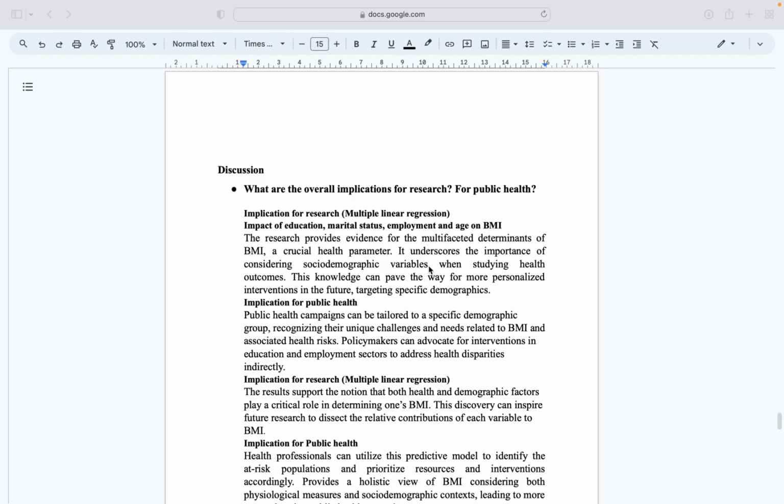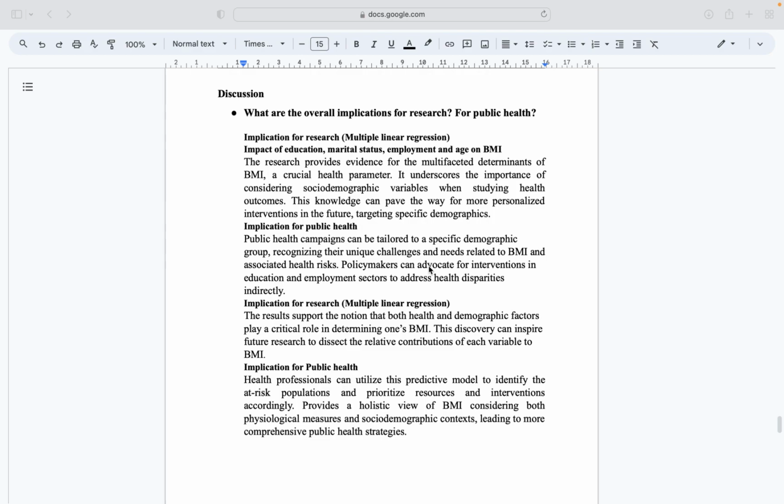My second implication is that public health campaigns can be tailored to specific demographic groups, recognizing their unique challenges and needs related to BMI and associated health risk. Policymakers can better advocate for interventions in education and employment sectors to address health disparities.